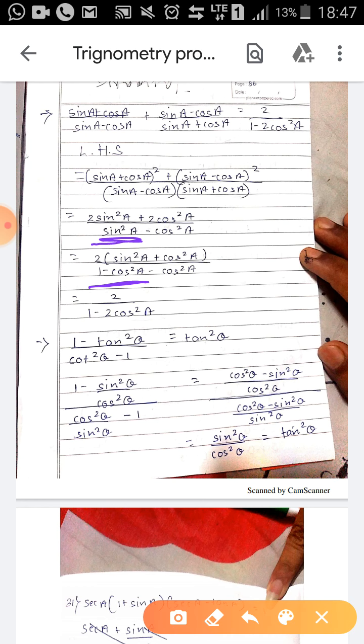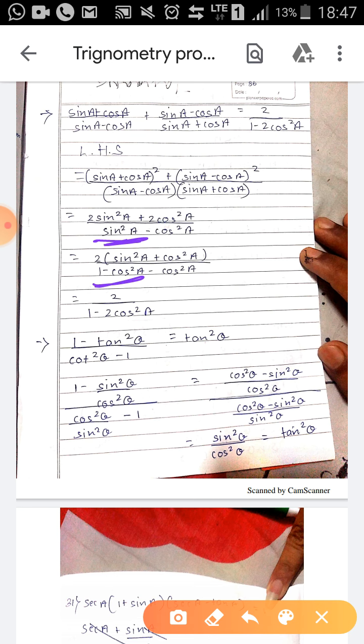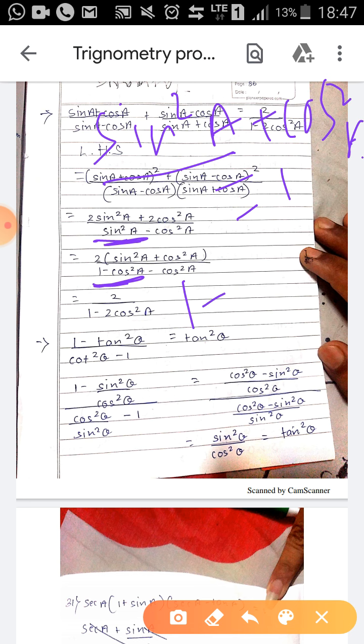Sorry for all that disturbance. I'm explaining it once again. This sine square a, you can write as 1 minus cos square a, because sine square a plus cos square a is equal to 1. That's what I have done.